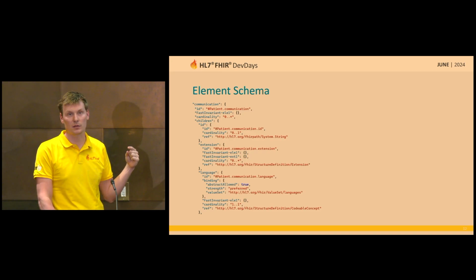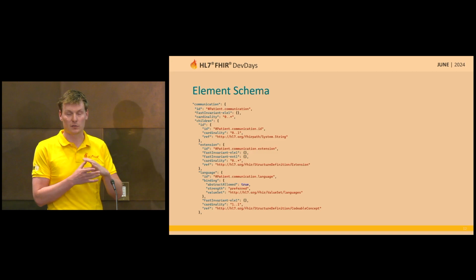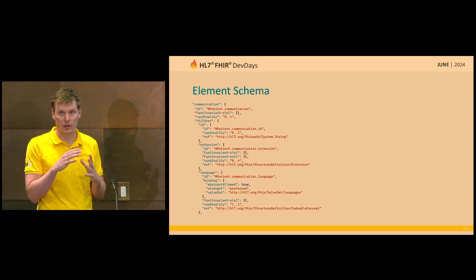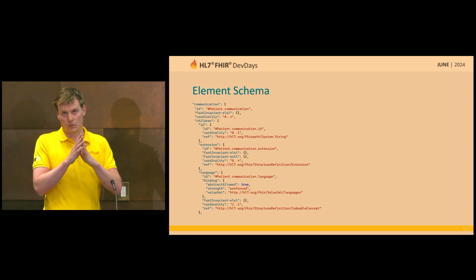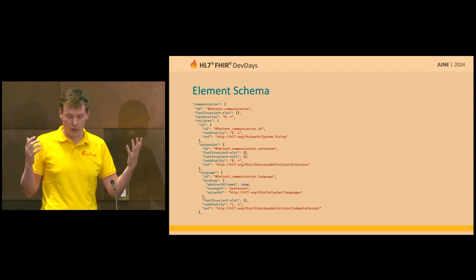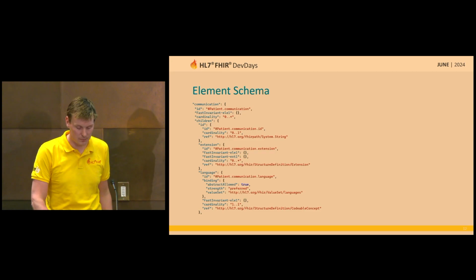So it doesn't care about descriptions, it doesn't care about comments, it doesn't care about everything you need in a structure definition, for example, to render it nicer or whatever. It's just used for validation. So it will get rid of a lot of noise from the structure definition and just have rules that we care about.